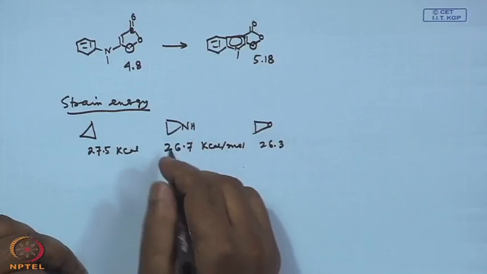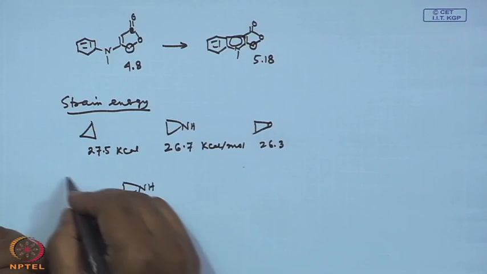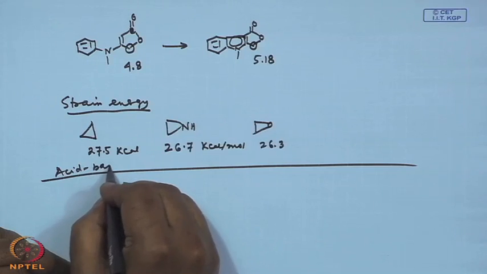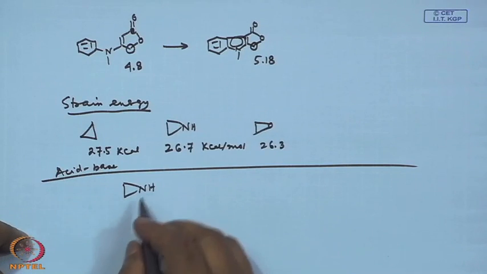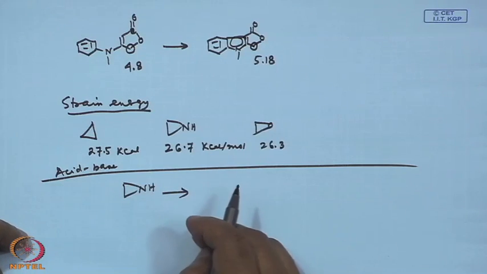But maybe just very quickly we can see some of these acid-base properties, for example between aziridine and, let us say, dimethylamine. Acid-base property basically means the chemical properties. Onward, we will talk only about chemical properties. In the case of aziridine, what is the basicity?